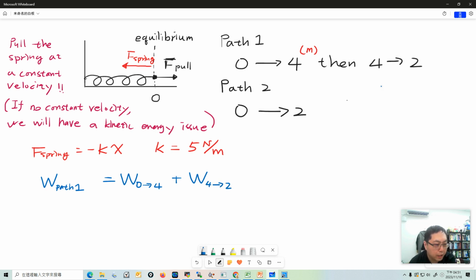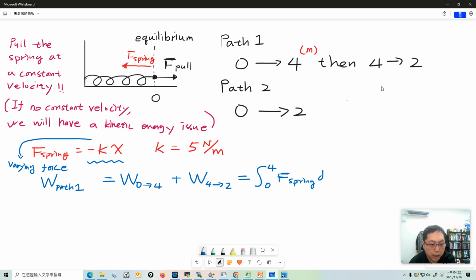The spring force is a varying force, and to calculate the work done by a varying force, we have to use integration. So it's the integral from 0 to 4 m of F spring dx, plus the integral from 4 to 2 of F spring dx.